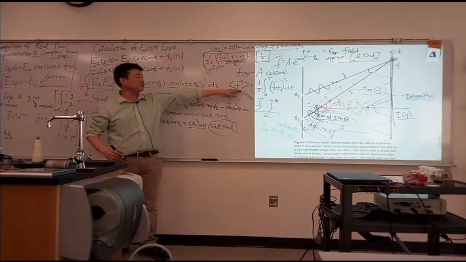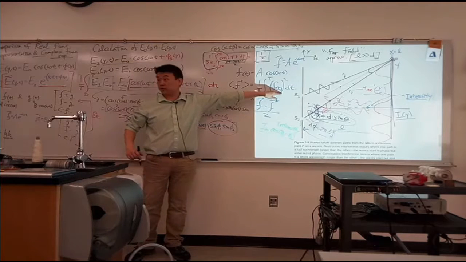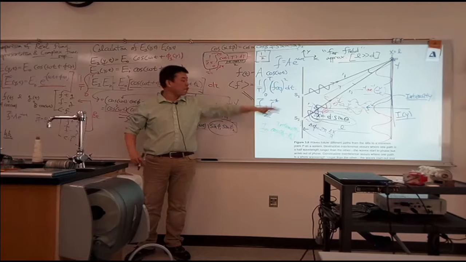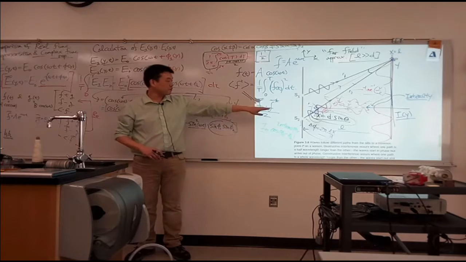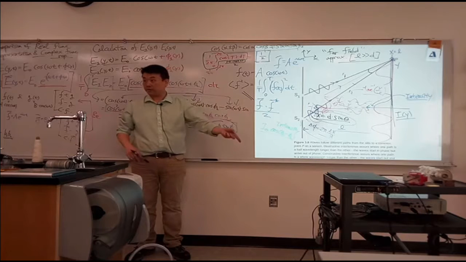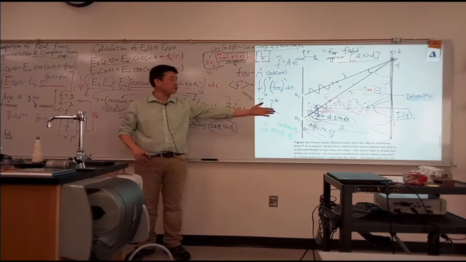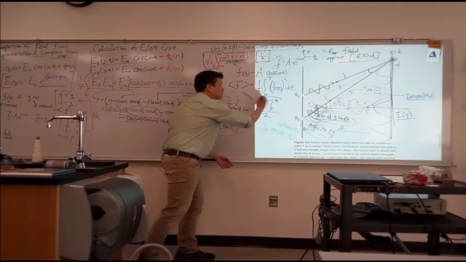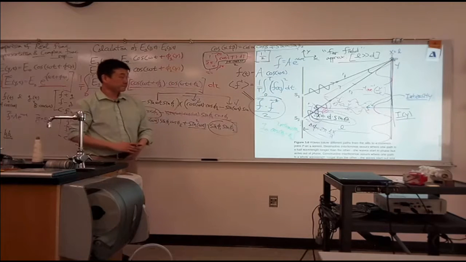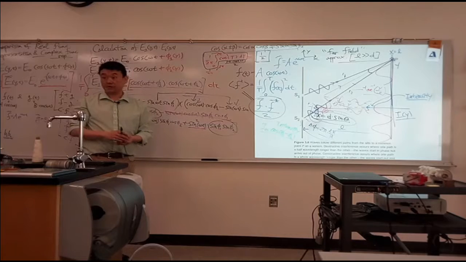That gives you the same result as what you would get by going through the calculus. So whenever your final intended result is that you want to take the function, square it, and then average it as a function of time, you can use this to really simplify your calculation.